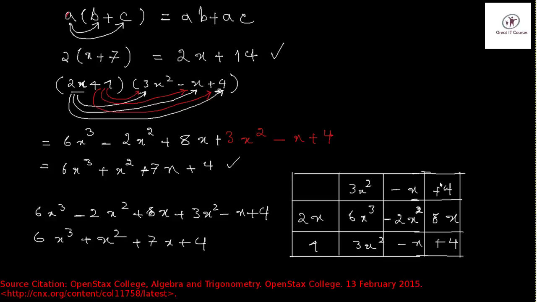So this is also one way, and there is also one more way to do this, and this is called FOIL, F-O-I-L. They've called it that in this book. I'm not sure if this is a universal term, but FOIL basically says: multiply the first term of each binomial, multiply the outer terms, multiply the inner terms, and multiply the last terms, then add the products, combine the like terms and simplify.